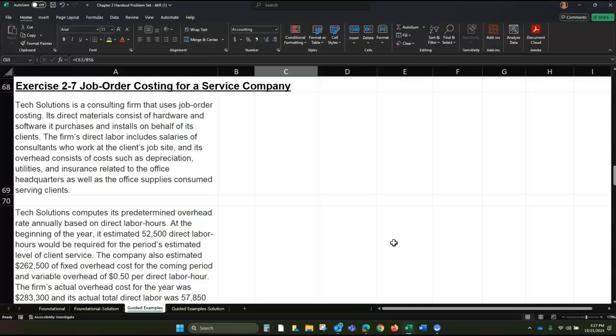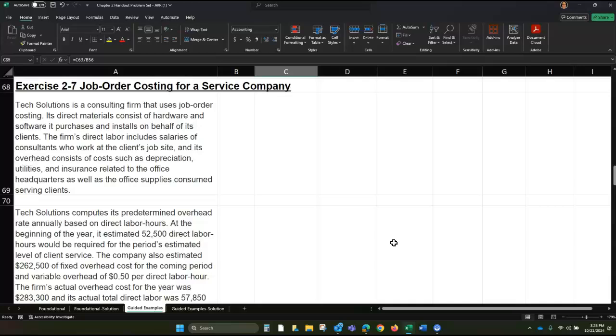Now understand, this is a little bit like construction. When we're in a consulting environment, the headquarters is where everybody is when they're not on a job. When they are assigned to a job, they simply leave the headquarters and go to the location where they're implementing this software.